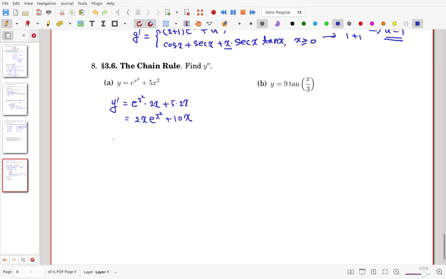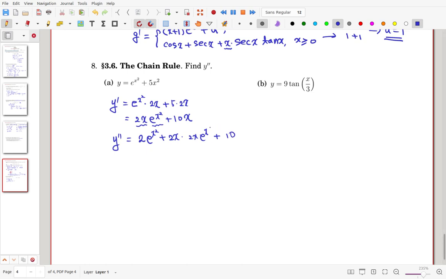Right? Now how about y double prime? One more time of derivative. First we are making the derivative for that one. There's 2 and e to the x squared, plus here 2x. Now the derivative of this term, we already know is the same as this one, which is 2x e to the x squared, and plus the derivative of 10x will be 10.